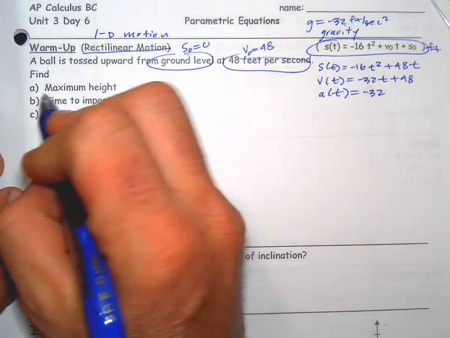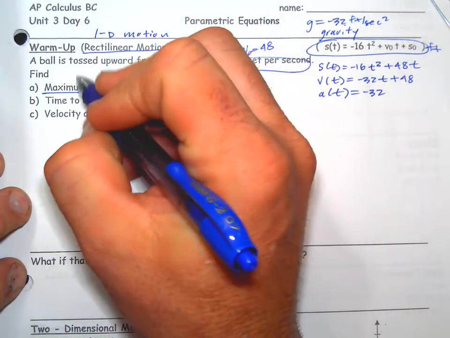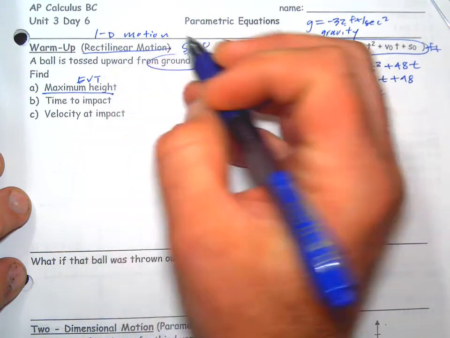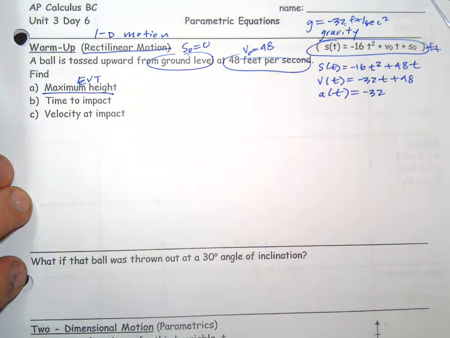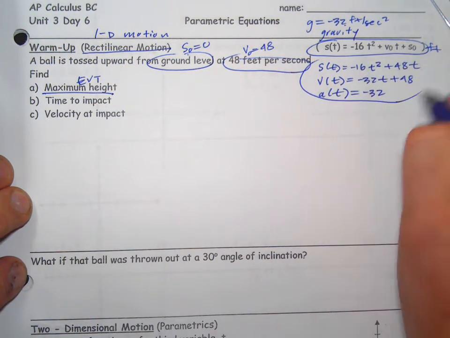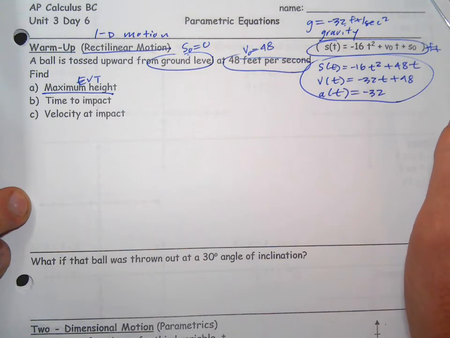Now, if you want to find the maximum height, that's an EVT problem. So we should use the extreme value theorem, maximum. We're trying to maximize something. We have all the equations, which I think is always a good first thing to do. Just get your equations.